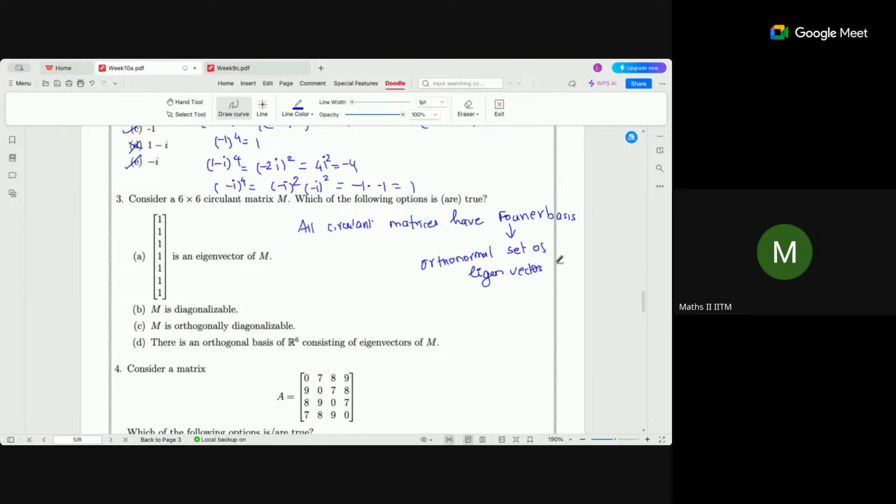So if we have an orthonormal set of eigenvectors, do we know that M is diagonalizable? Yes or no?